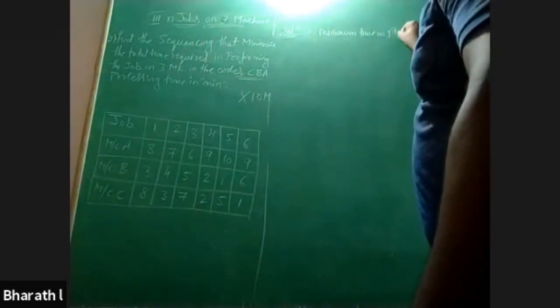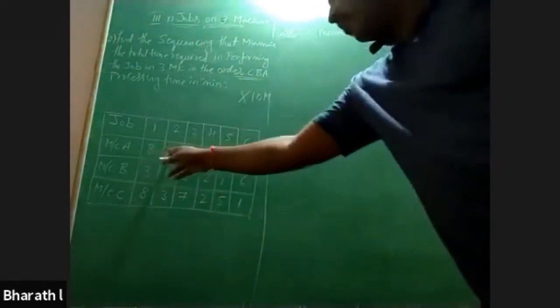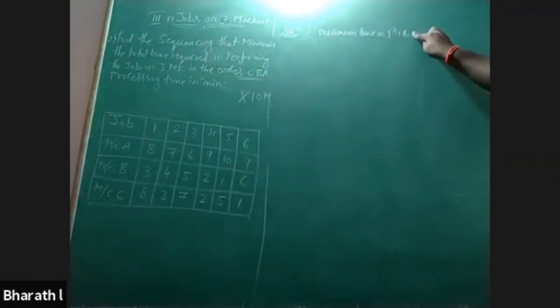Since the number of jobs is greater than 3 and we have 3 machines, the given problem is of n jobs on 3 machines. Let us calculate the minimum time on the first machine, that is machine A. In the given table, the times are 8, 7, 6, 9, 10, 9. The minimum time on machine A is 6 minutes.